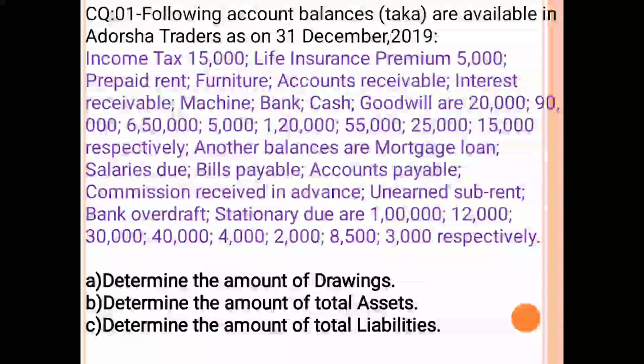Creative question number 1. Following account balances, that is taka, are available in Adarsh Traders as on 31st December 2019.